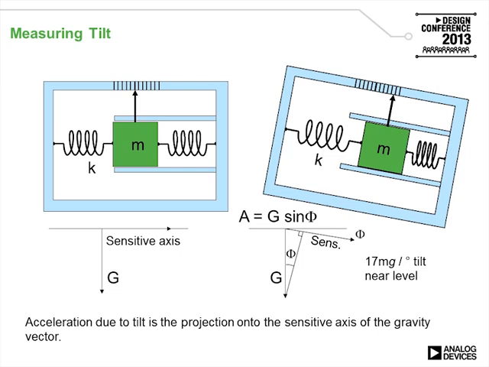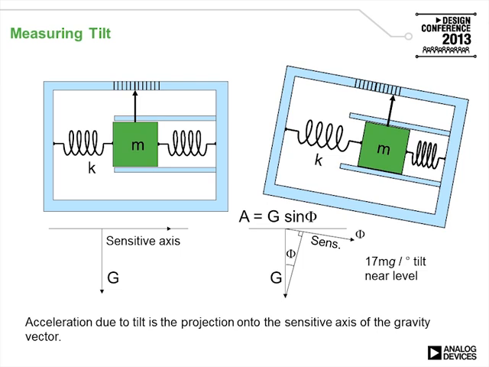And the reason that they can measure tilt is because of a force we know as gravity. What happens is if you have an accelerometer that's not tilted, and of course not accelerating, its mass, as before, when in a balanced state, will be suspended exactly midway between the two springs.